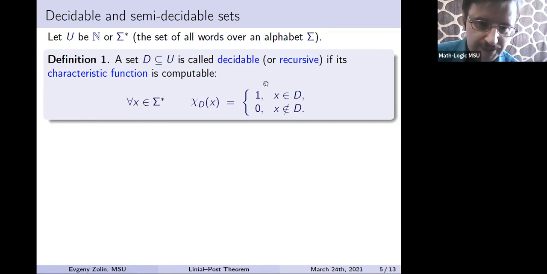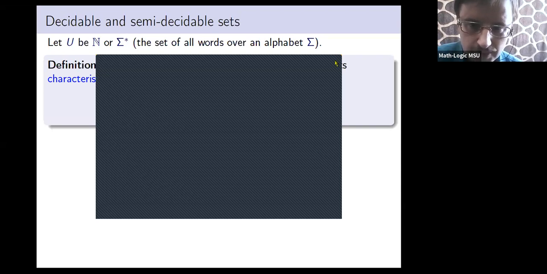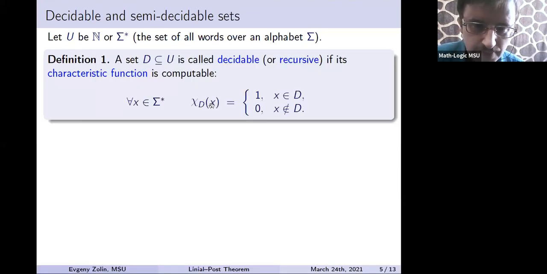If the following characteristic function of this set D is computable: this function takes an arbitrary word, or any element X of U, and returns 1 if X belongs to D and 0 if X doesn't belong to D. So this function is from the set U to the set {0, 1}, or to the set of natural numbers, for example. It doesn't matter.